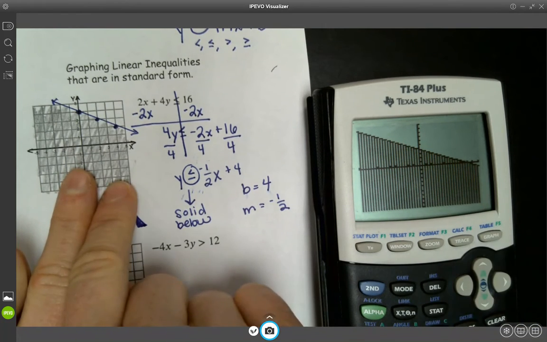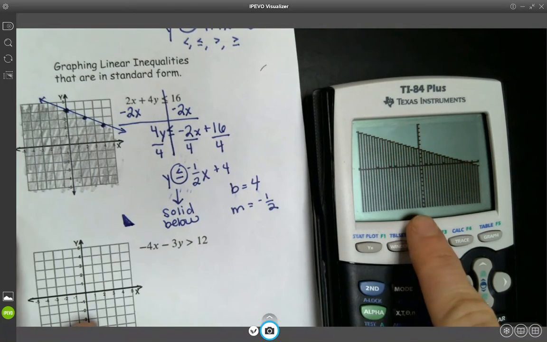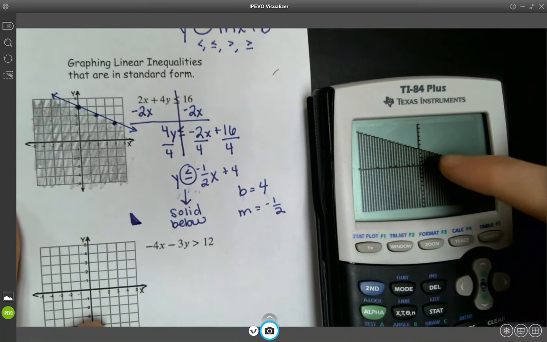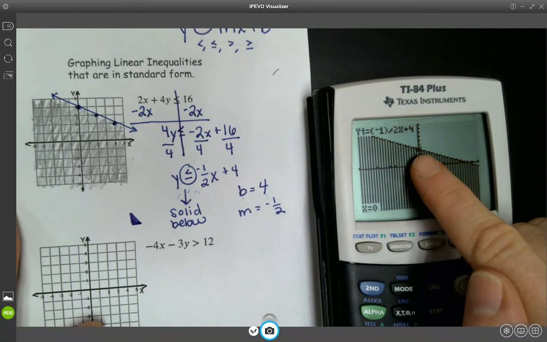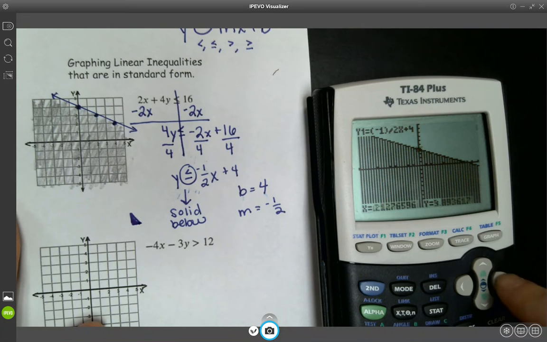And it looks the same. The only thing that's different is how big this graph is versus this one. So if we hit trace, you can find out what your y-intercept is, and it's at 4. And then if you just arrow over, you can find out different points if you'd like.